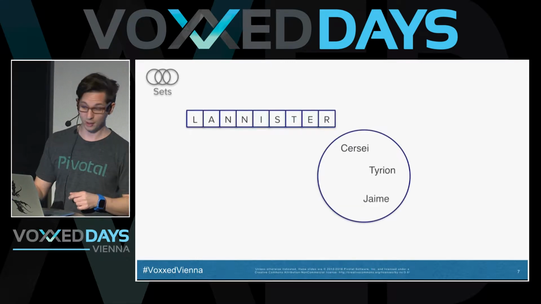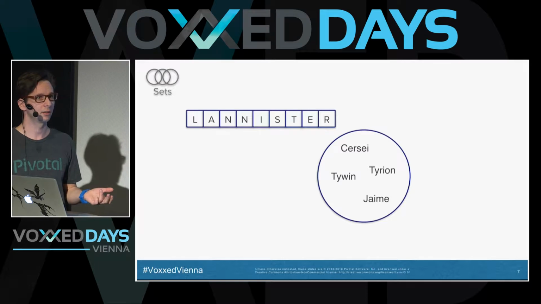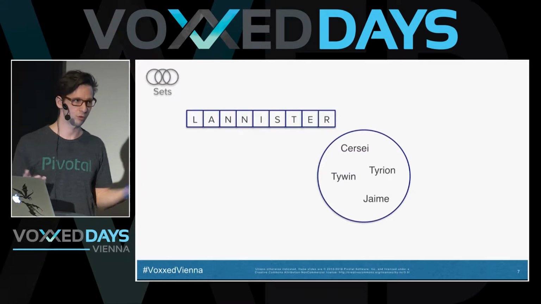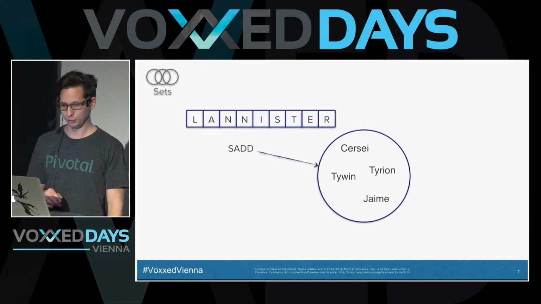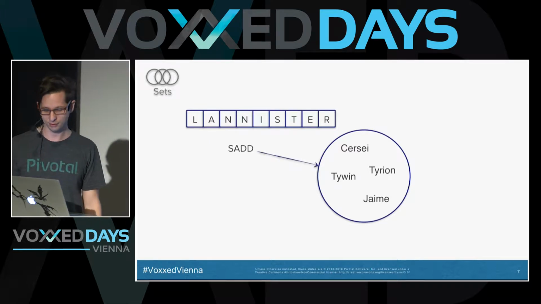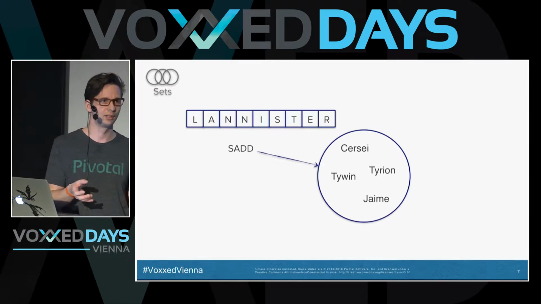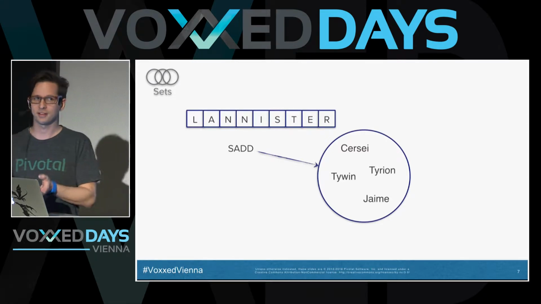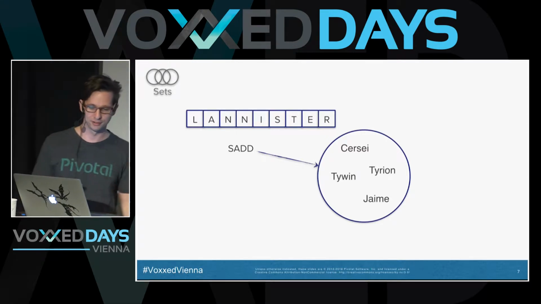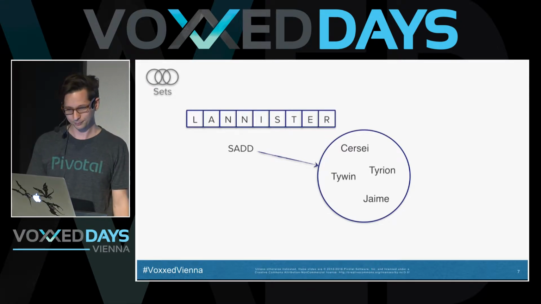Yeah, we got sets. Sets, same as in Java, doesn't allow duplicates, so this is much more appropriate for the Lannisters, let's say. And we can add something to a set, calling sadd, and you already recognize a pattern in here. So the Redis commands for lists all start with L, while those for sets start with S. I mean, the pattern isn't really going through, but it's sort of a pattern.